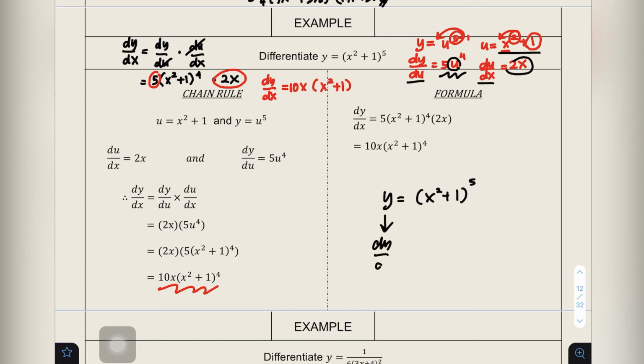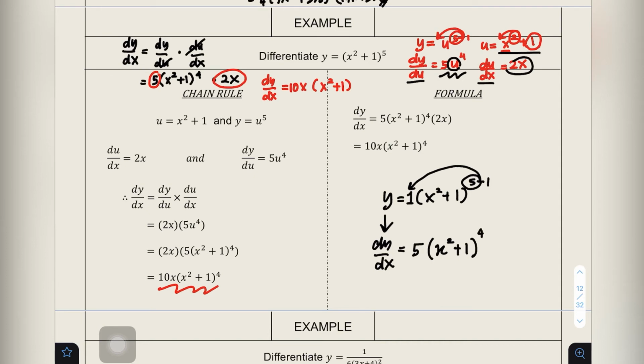Use the two-step technique of differentiation. Power, bring in front, multiply by any coefficient that you have. You cannot see, it means that in front here you have 1. So 5 multiplied by 1, you will get 5. And the power back here, you need to minus 1. So you need to copy whatever you have in the bracket, x squared plus 1 to the power of 4.